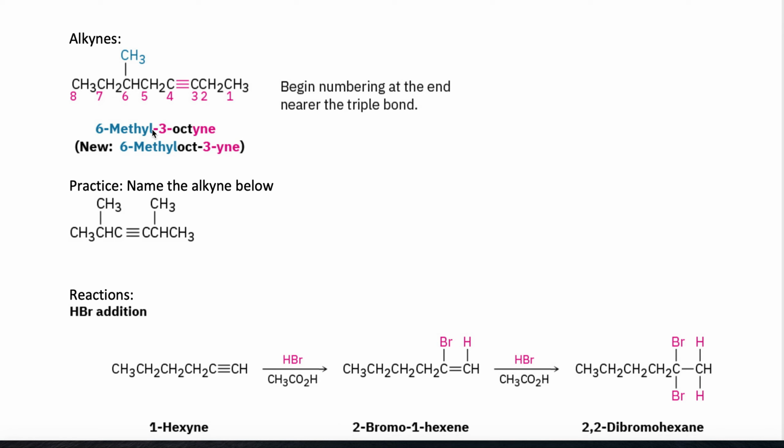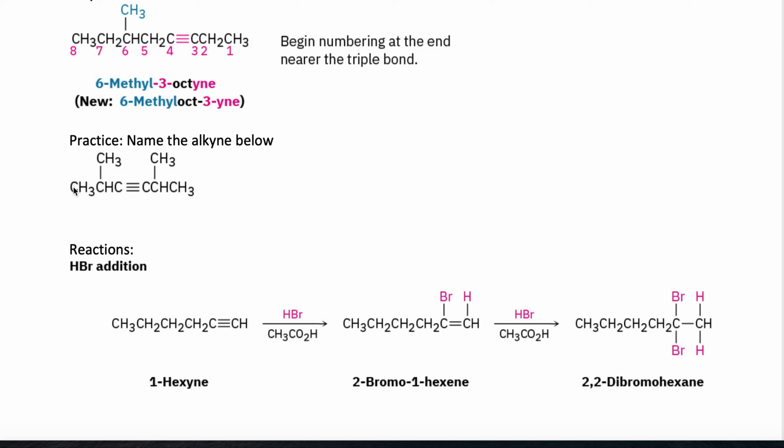That's what we call 6-methyl-3-octyne because it's 8 carbons. Now that's a new IUPAC name. Instead of 3-octyne, we can call it oct-3-yne. Sounds kind of weird, but it's actually very helpful when we have multiple functional groups, but we're not responsible for that now. Okay, let's practice. Name this one here.